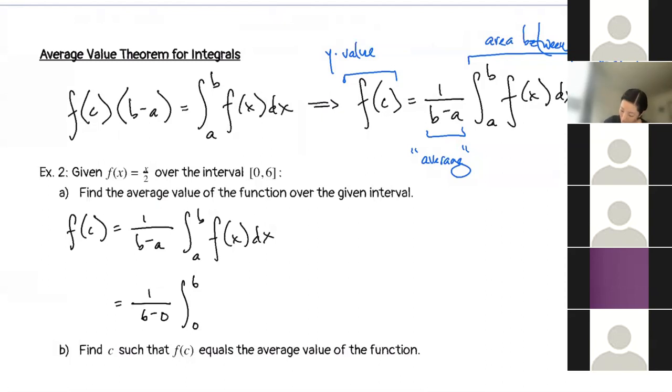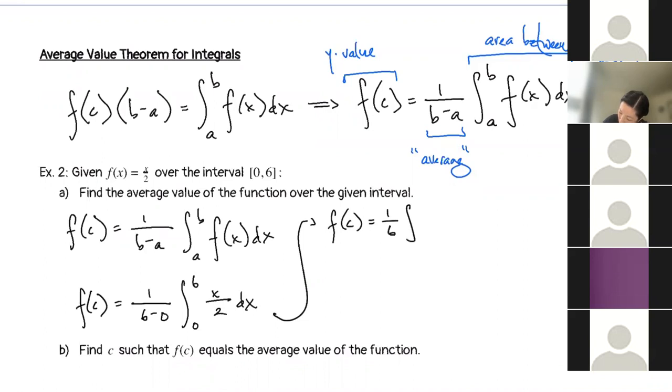I love it. Okay, so x over 2 and then dx. Now, all of this is good because what I want to find is f of c. Okay. All right, let's clean this up a little bit. We get f of c equals 1 over 6, the integral from 0 to 6 of x over 2 dx.